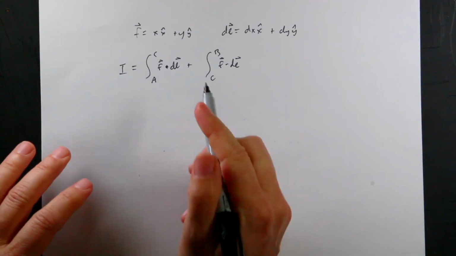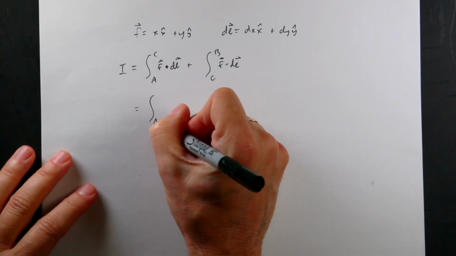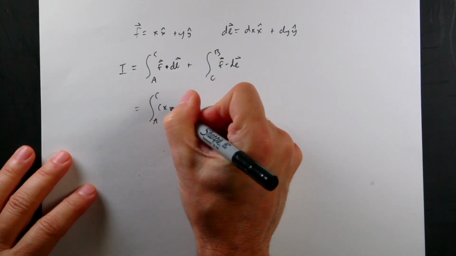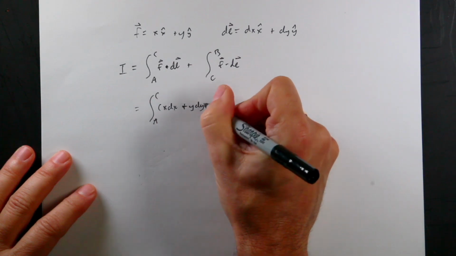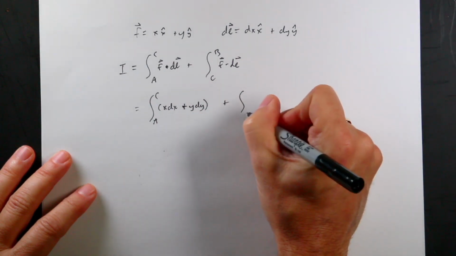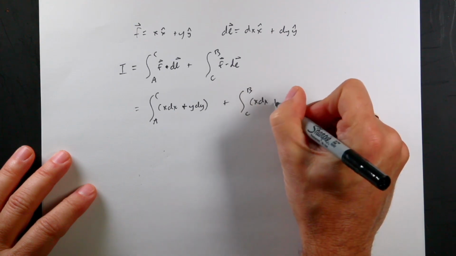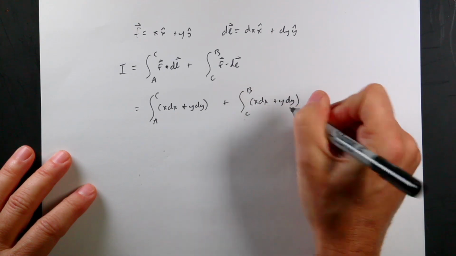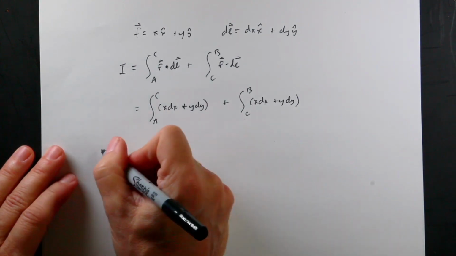Okay, so let's go ahead and do this. I already know what this is, so I get A to C of x dx plus y dy plus C to B of x dx plus y dy. And now I really get 4 integrals, right, because each of these is 2. So let's just break this up.